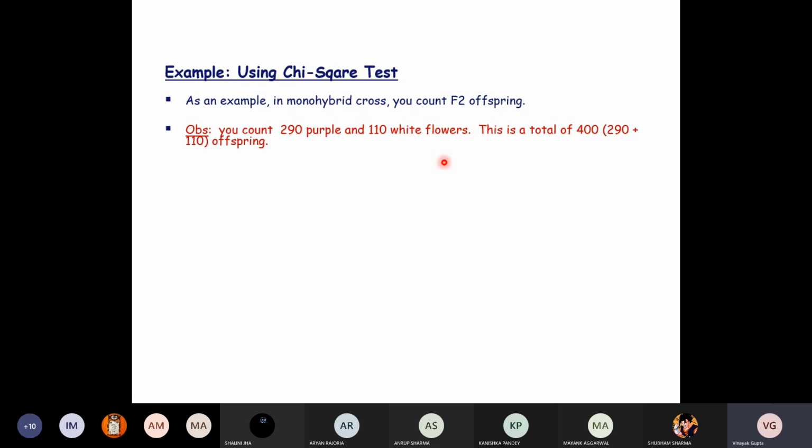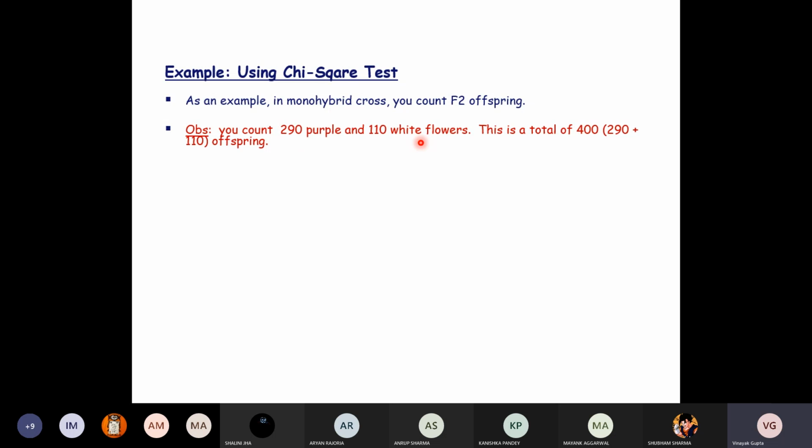If you make a table, these are the O values, the observed values. Can you tell me what the expected value is here? 300 for purple and 100 for white. Now, can you calculate the chi-square value?